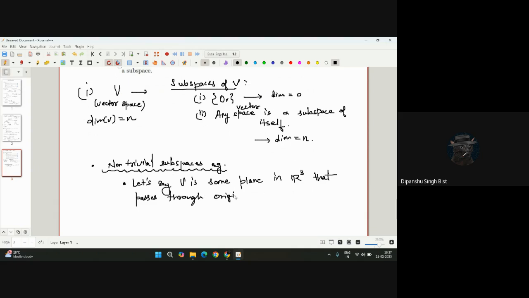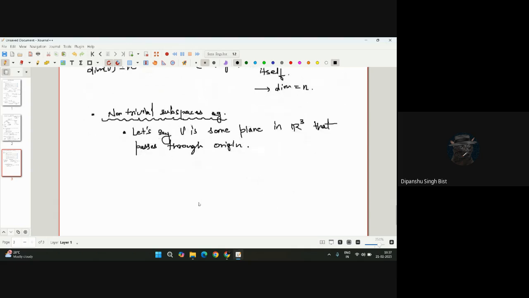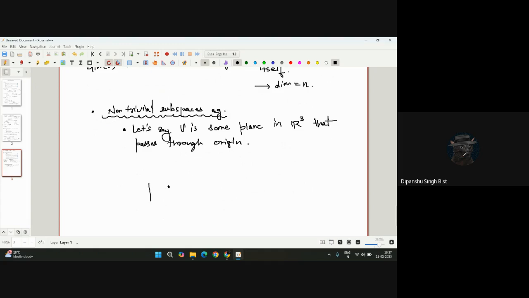So I have an origin over here, and then I have this plane that passes through origin, and I'm calling this plane my vector space. So any line on this plane that also passes through origin is a subspace of V.